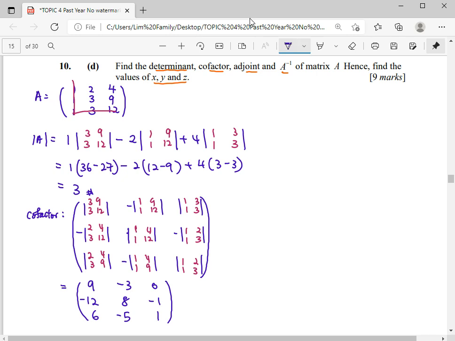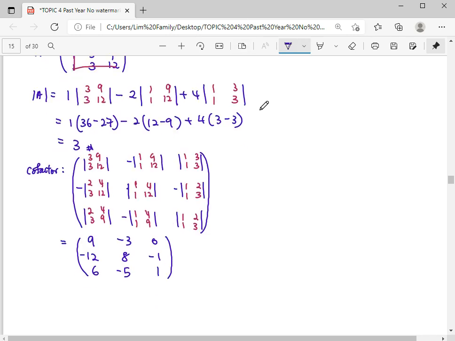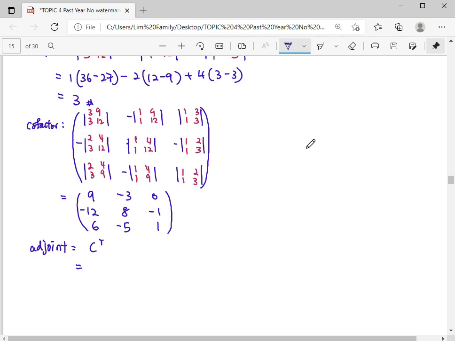After getting our cofactor, we get our adjoint. The adjoint is the cofactor transpose. What does cofactor transpose mean? We exchange rows to become columns. The first row becomes the first column, the second row becomes the second column, the third row becomes the third column.